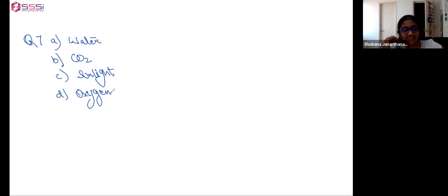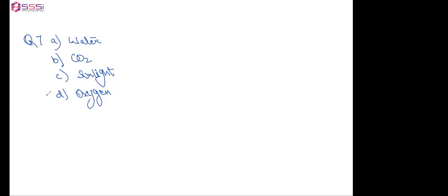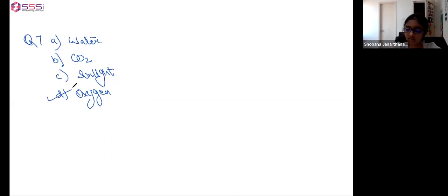You have to select what is not required in photosynthesis. Now oxygen is not needed. Yes, oxygen is not required, right?